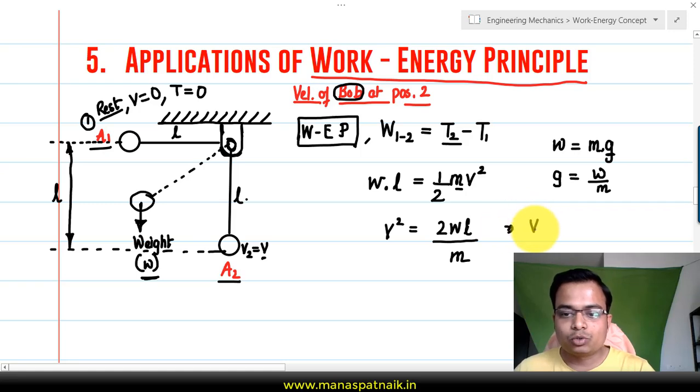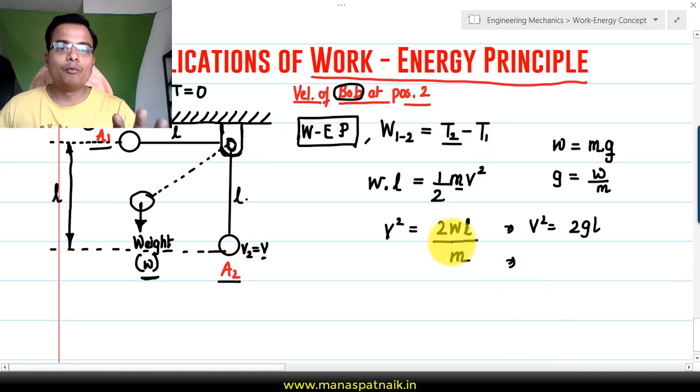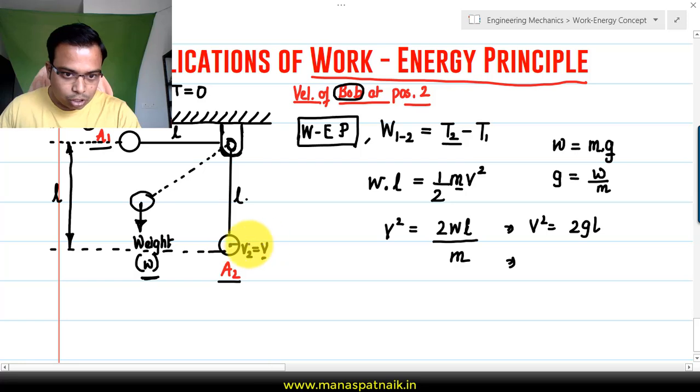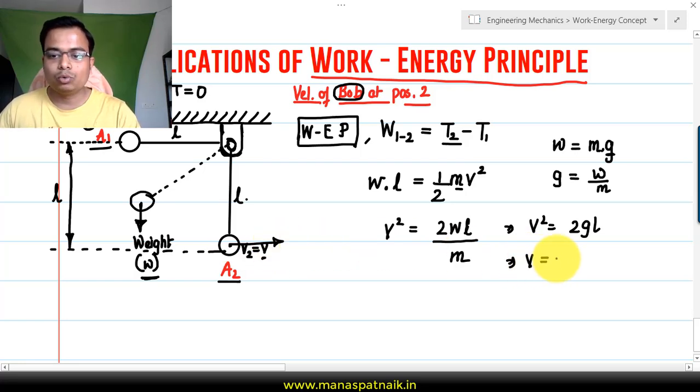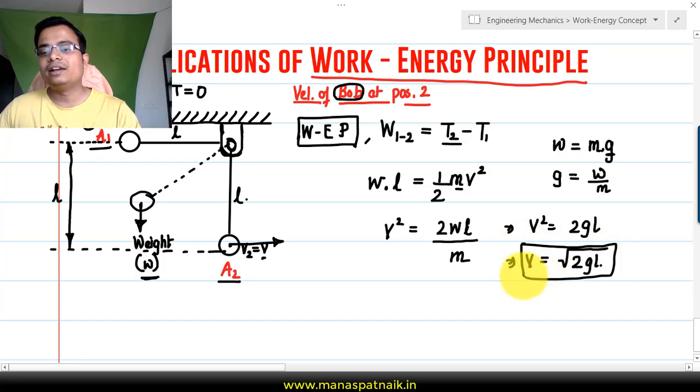Essentially, v square can be written as 2 times of gL. And the velocity of the bob right at position 2 is going to work out as root over 2gL. That's the final nail in the coffin.